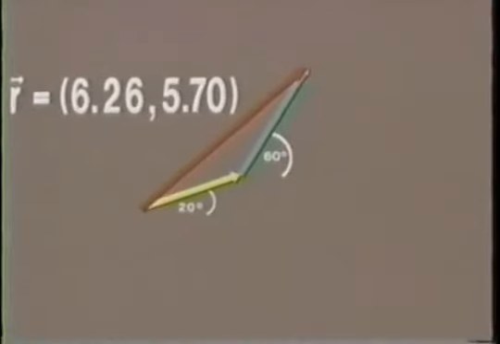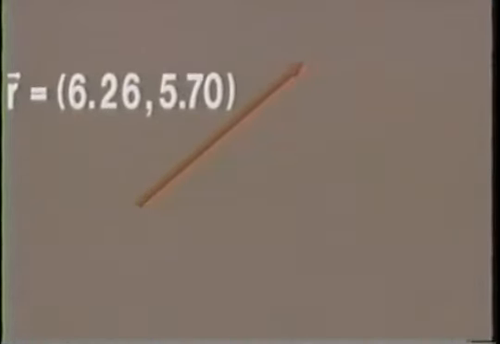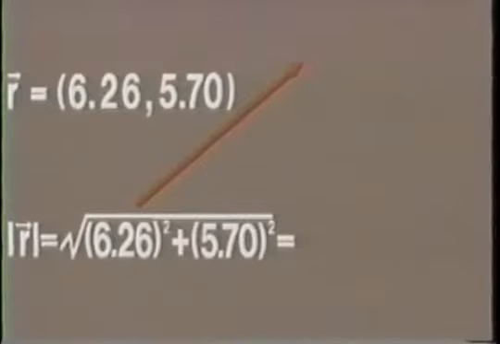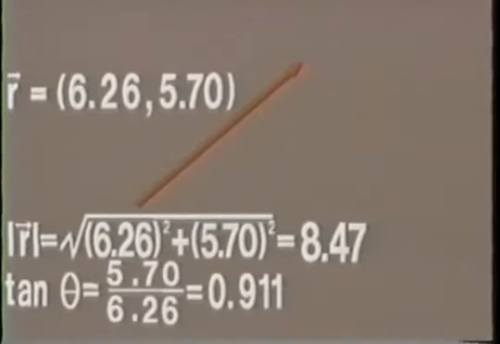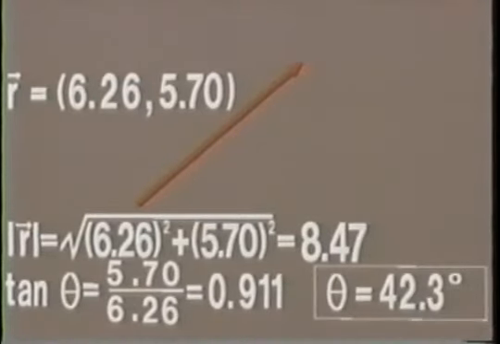The Pythagorean theorem gives us the magnitude of the resultant, 8.47 units. And the tangent ratio gives us the direction, 42.3 degrees from the horizontal.